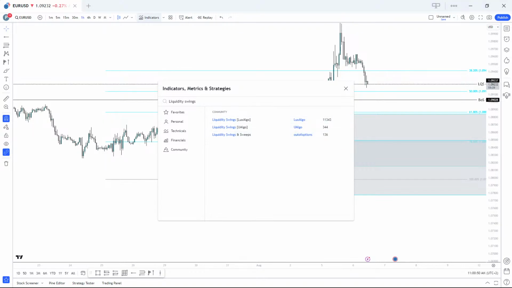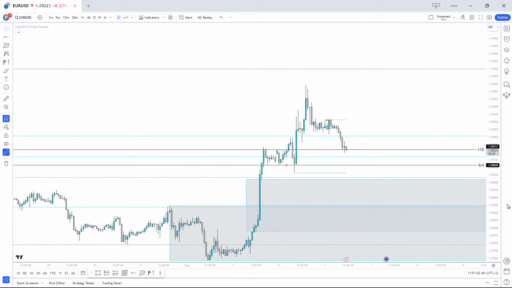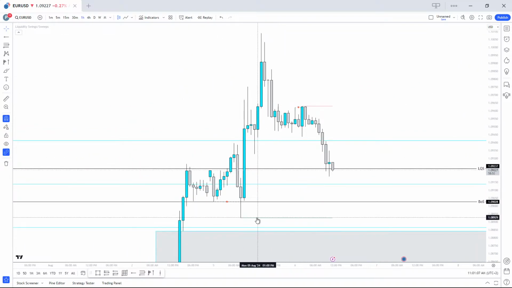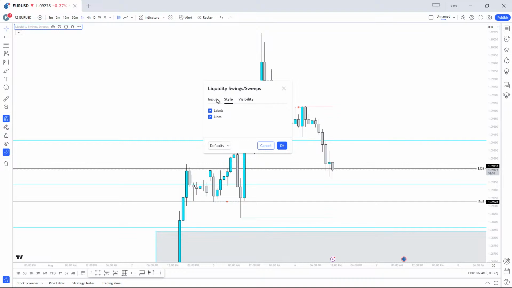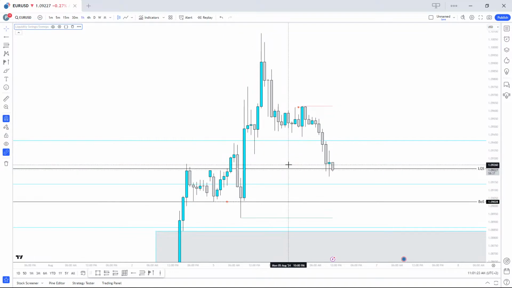Out of options. Yeah, this is it. Alright, so let's see what this indicator gives to us. Style, inputs. Alright, so let's leave this at the defaults.